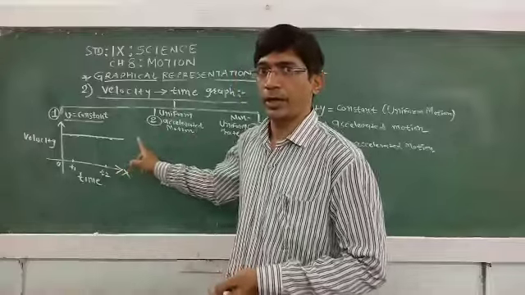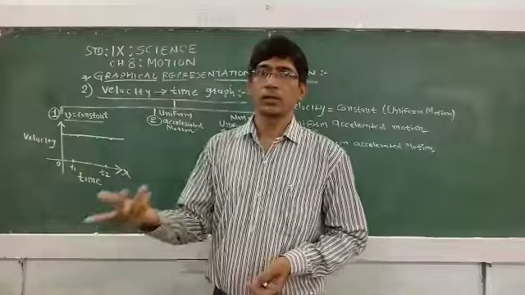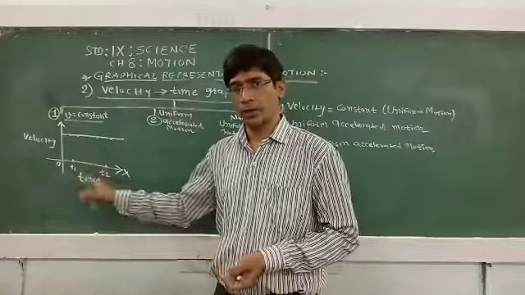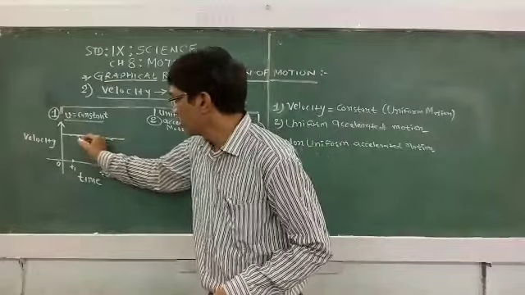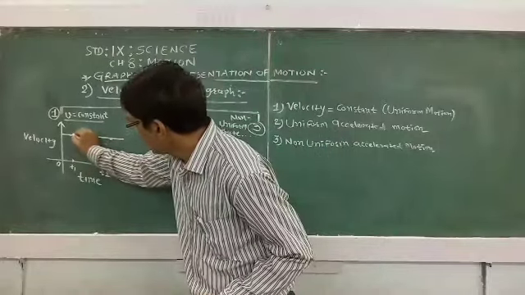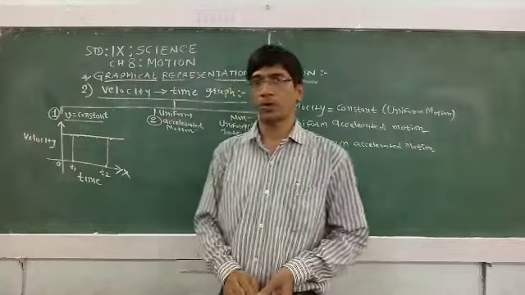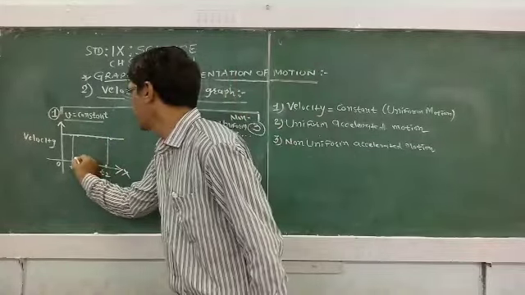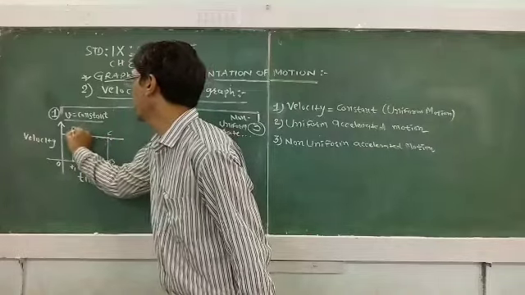If you take the area of the velocity versus time graph, then we will get the distance for the time interval t2 minus t1. For that we are drawing the perpendicular line on the x-axis from the velocity. This is the perpendicular line. So here let us take this is the A point, here is B point, C point and D point.